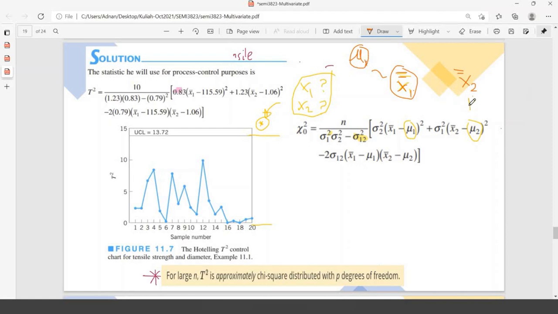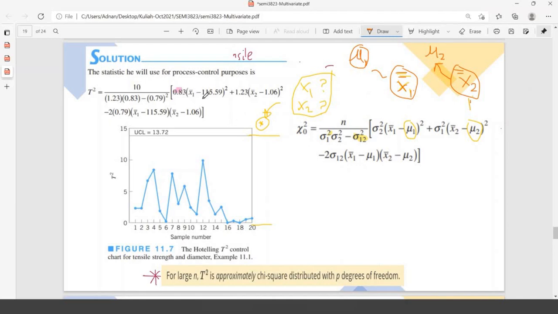This is also estimated. When we use population, we use mu, but it is estimated from the sample.